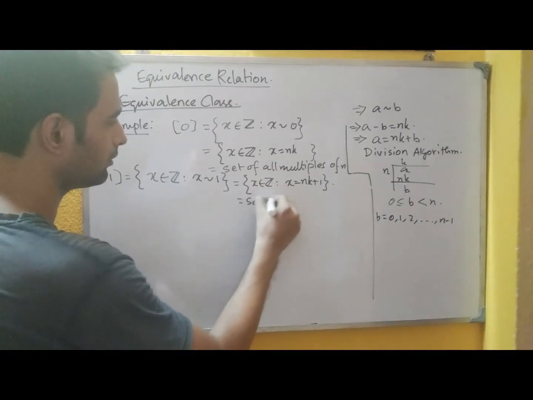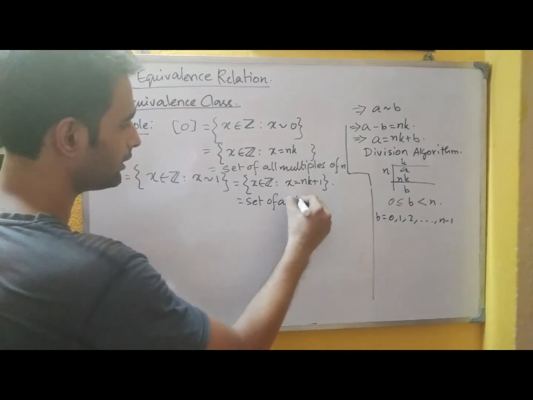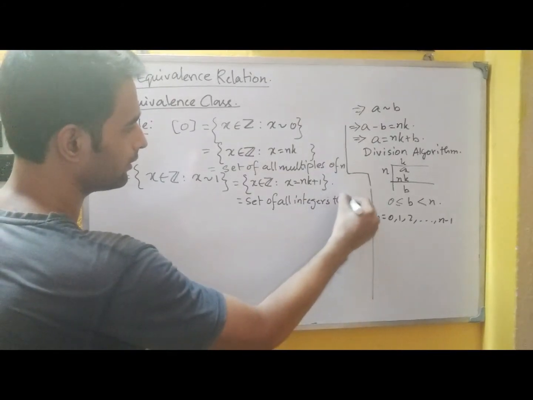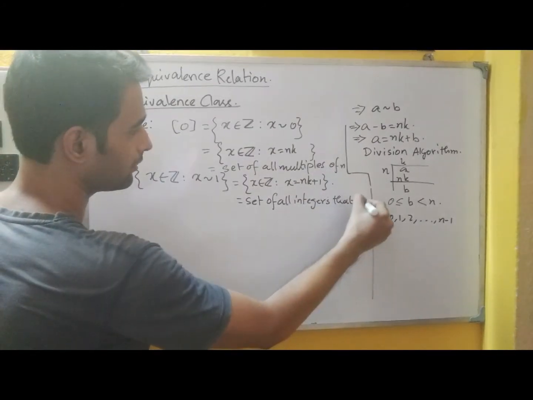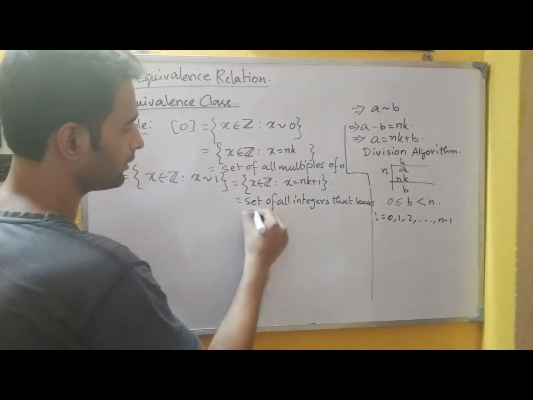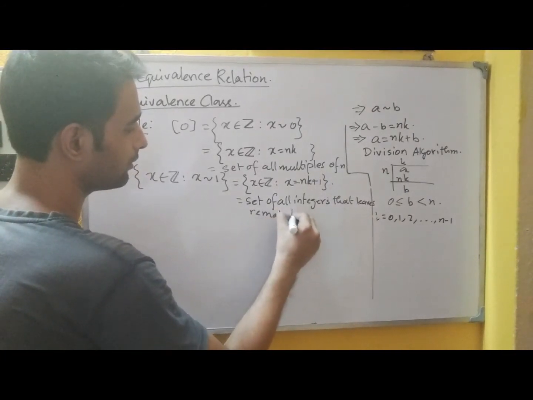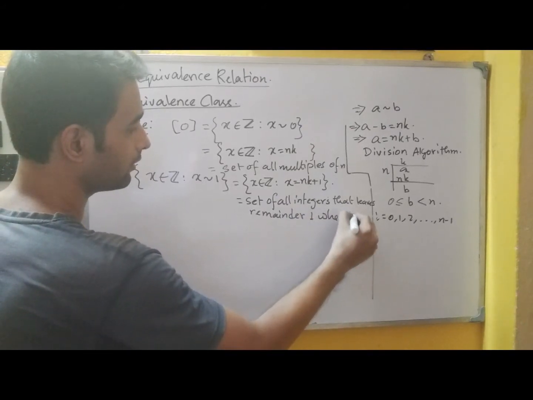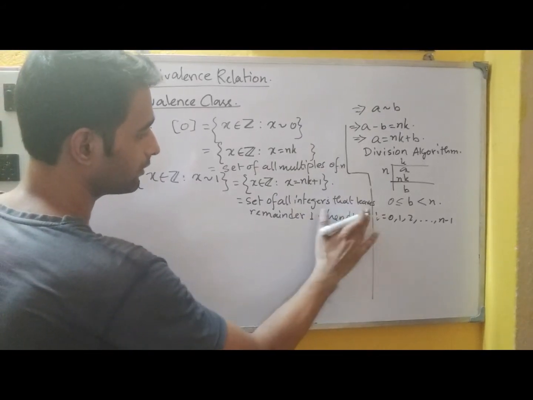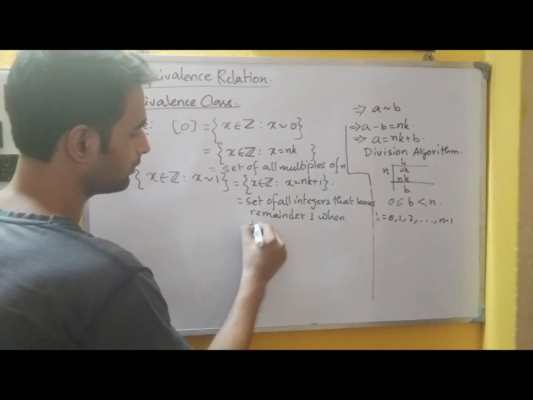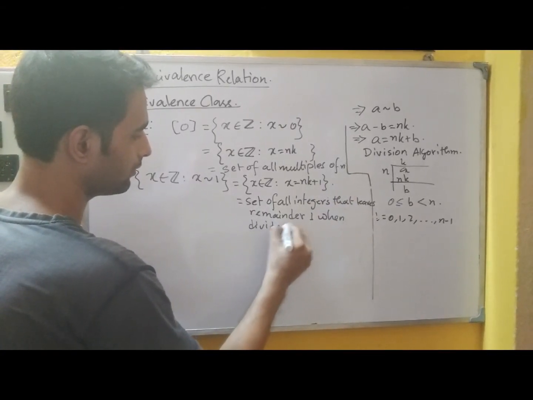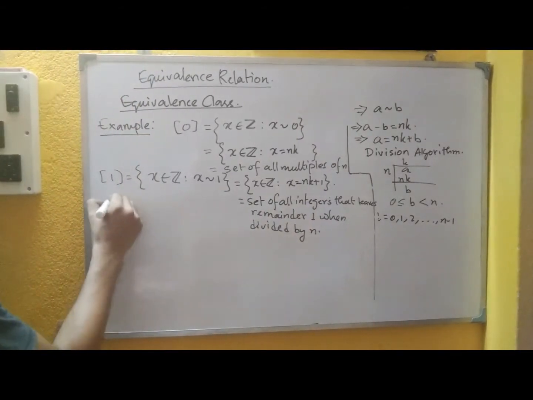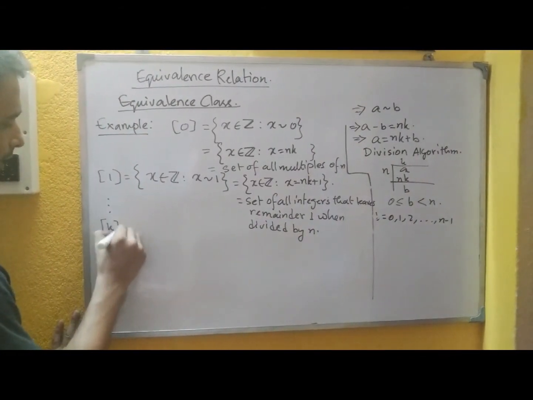So set of all integers that leaves remainder 1 when divided by n.